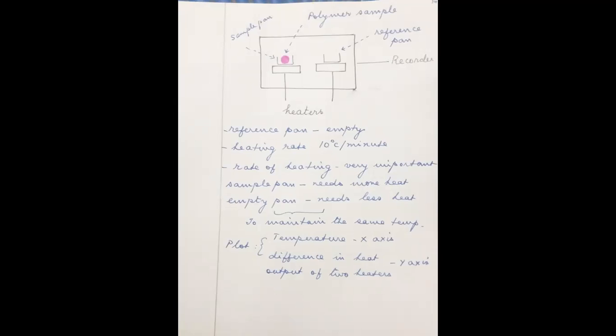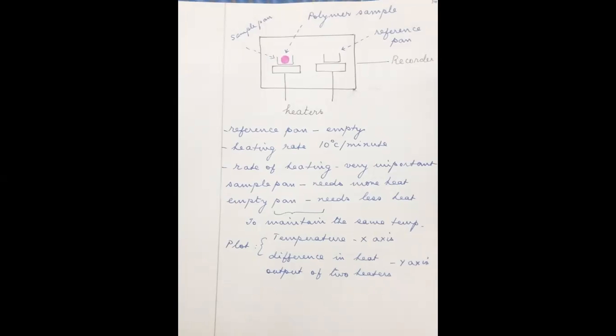The rate of heating is very important because the sample pan needs more heat, whereas the empty pan needs less heat. You are supplying heat energy to both the pans simultaneously, but when you note the temperature rise in the empty pan and in the sample pan, according to the concept of heat capacity, what is the quantity of the heat energy required to raise the temperature of a body by 1 degree?